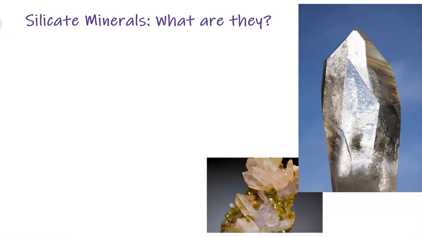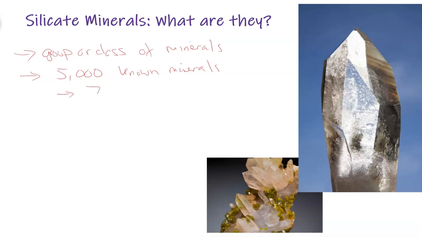Alright, so what are they? These are a group or class of minerals. As mentioned in the previous video, there are over 5,000 known minerals, and there are pretty much 7 major groups that we distinguish all these minerals into, based on their chemistry and their different characteristics.